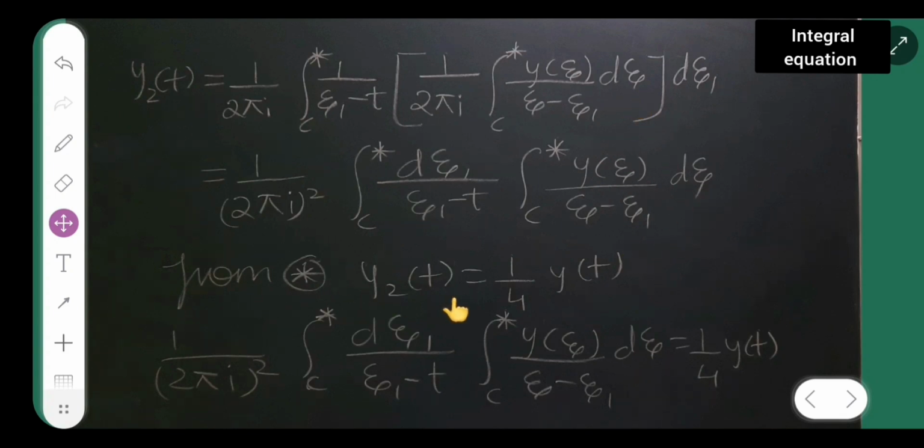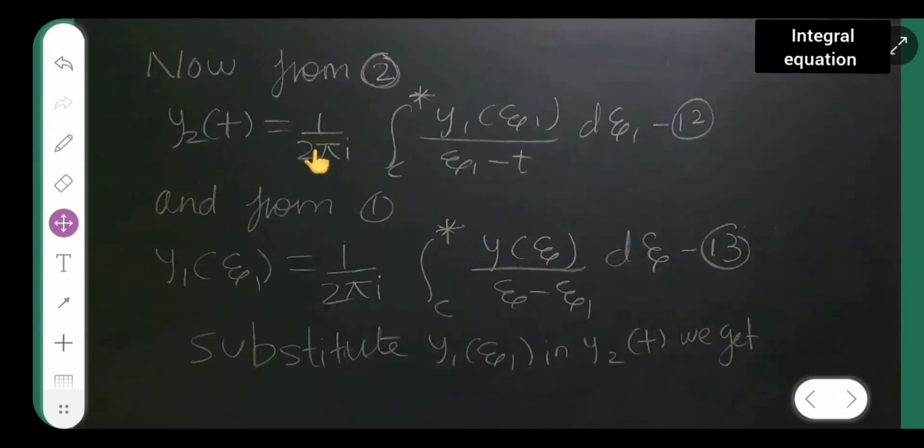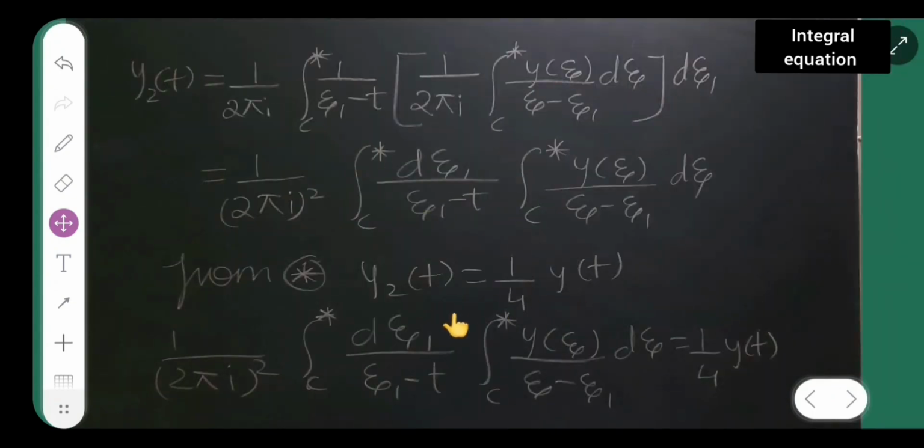Now from star, y2 of t is equal to half y of t, write it as it is here. Then substitute the value of y2 of t, whatever you got in place of this, and then it is equal to half 1 upon 4 y of t.